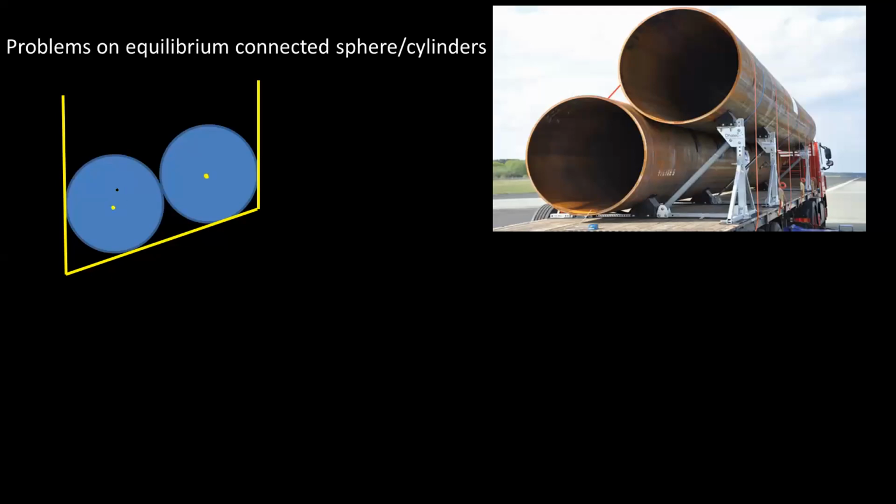So these are two cylinders. So this is cylinder 1 and cylinder 2. So each cylinder has weight 200 Newton.